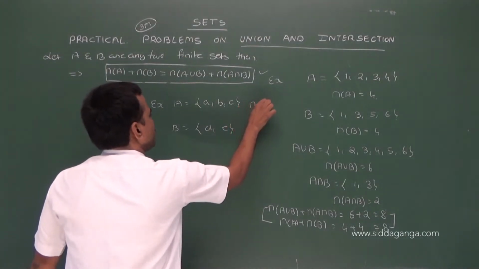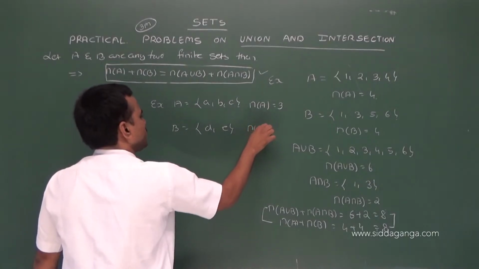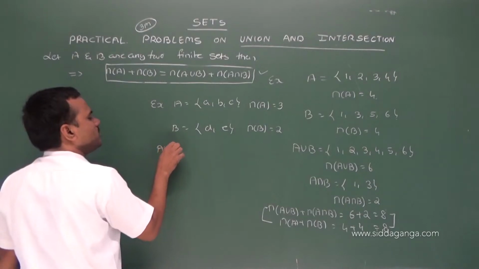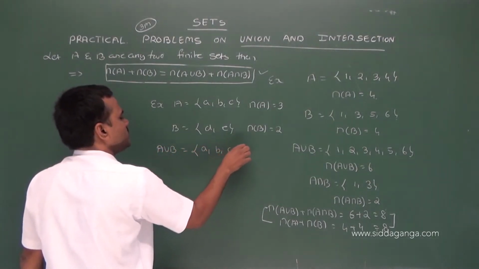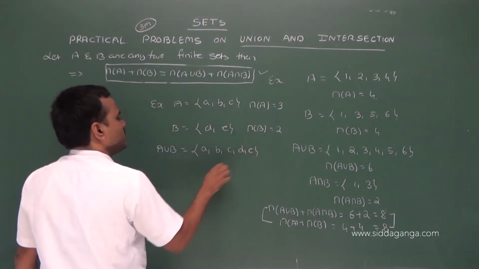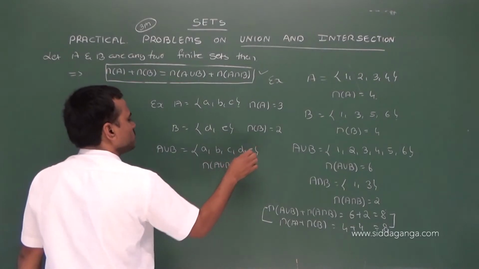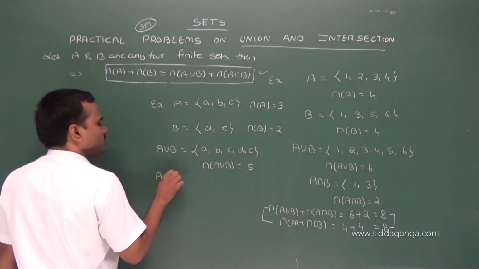Here n of A is equal to 3. n of B is equal to what? 2. Then A union B is what? {a, b, c, d, e}. So n of A union B is equal to how much? It is 5.